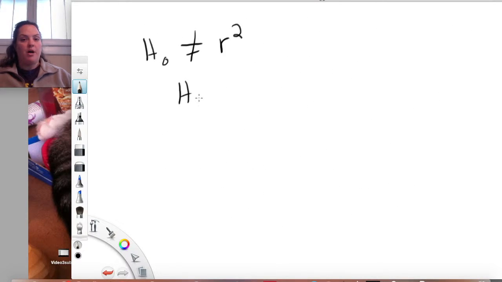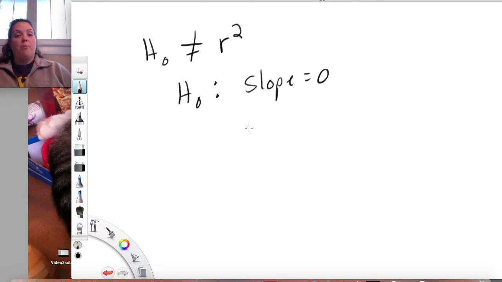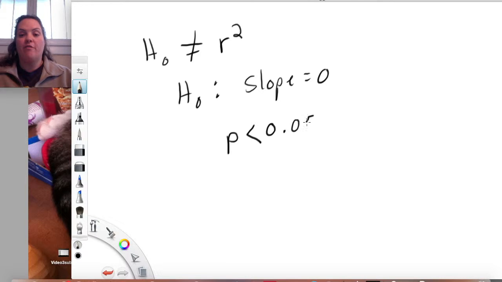Our null hypothesis is that our slope equals 0. So when we actually run these tests in SAS-Jump, I'll point out to you on the data output where to find the significance of our tests. So in order for us to even say that some of the variation in y is explained by variation in x, we still have to have a p-value of less than 0.05.